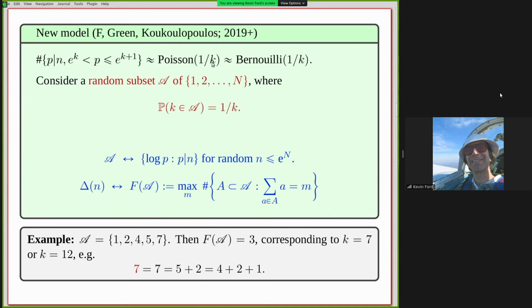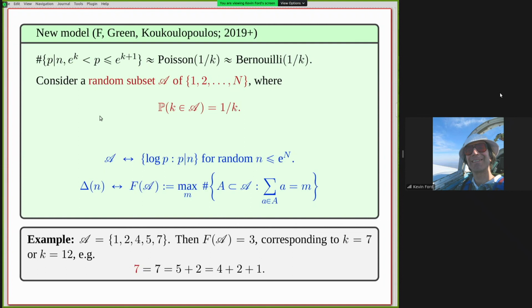But since we're thinking of k as large, that's actually close to a Bernoulli random variable that takes only 0, 1 values. So a Poisson variable with a small parameter very rarely has the value 2 or larger. So we are considering then integers that have either 0 or 1 primes in such intervals. And we model that by a random subset, let's say of the integers up to capital N, where we choose the element to be in the set with probability 1 over k. Say this is a harmonically weighted random subset of integers.